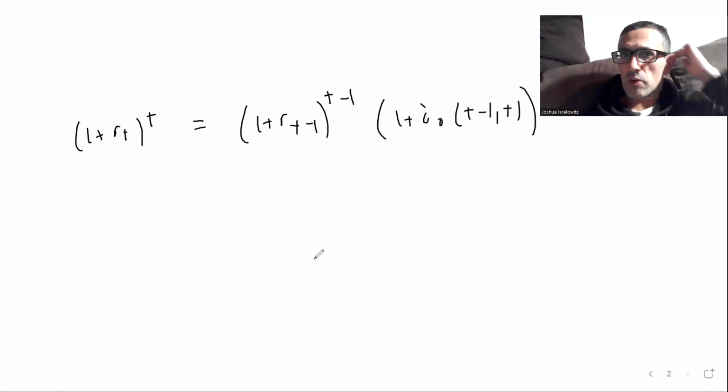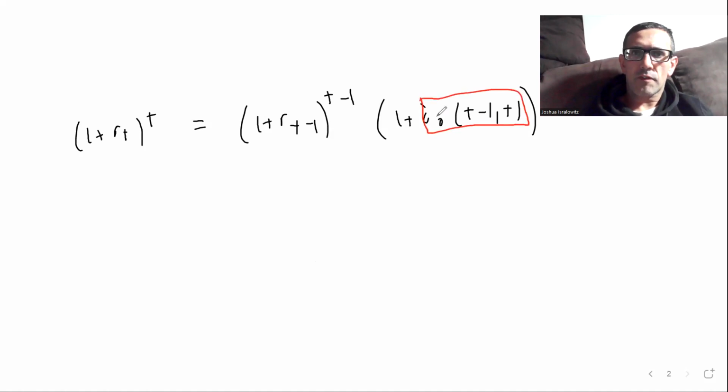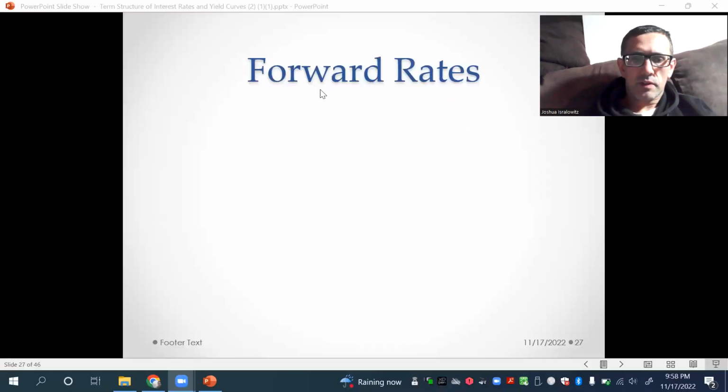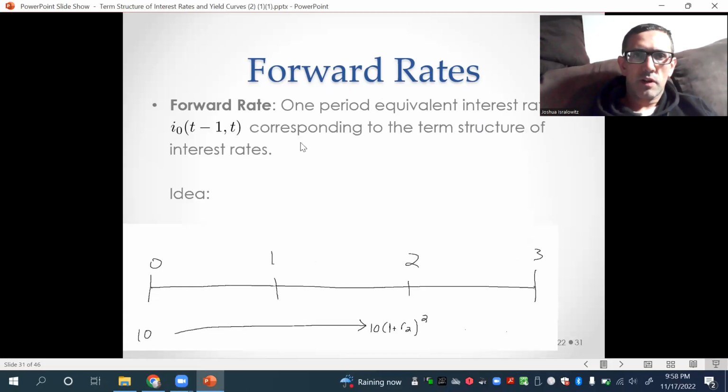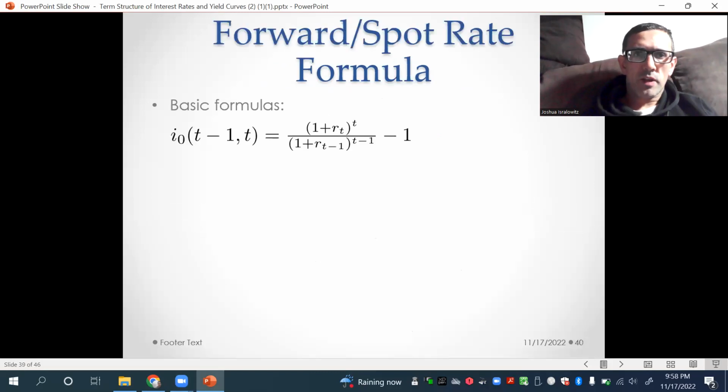So just solve for this forward rate right here. Divide by 1 plus Rt minus 1 to the t minus 1, subtract 1, and we get our formula. So solve for I0 t minus 1 t, we get this formula. Okay.